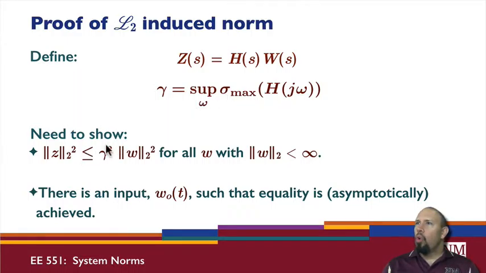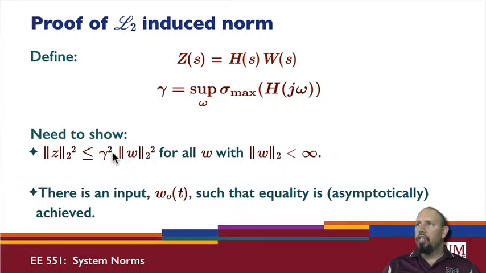Well, in order to show that this gamma is in fact the H infinity norm or the L2 induced norm, I need to show this inequality in terms of L2 functions, right? For W finite energy, if W is any finite energy signal, I need to show that Z, the output, is less than or equal to gamma squared times this value.